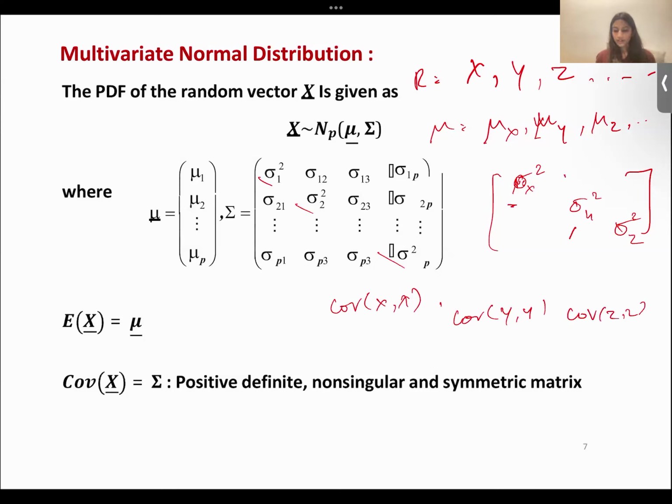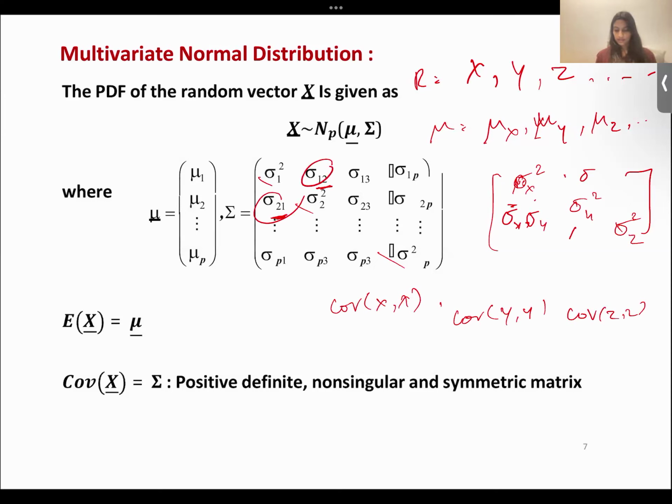In the off-diagonal elements, you would have sigma x multiplied by sigma y. This would also be the same, so sigma 2 1 is equal to sigma 1 2. These elements would be the same.